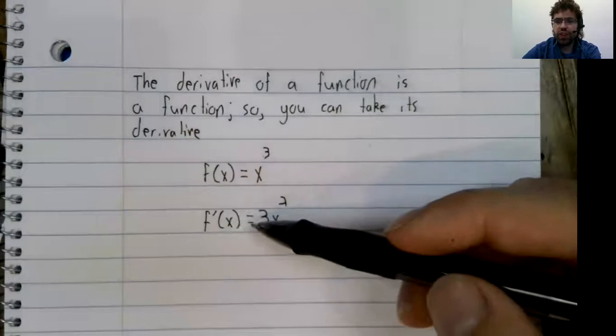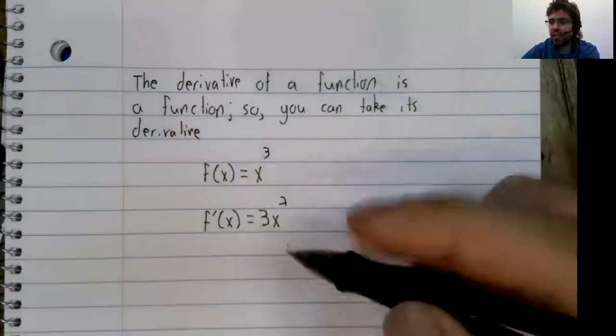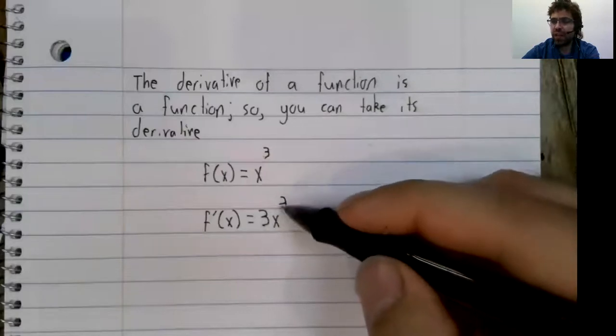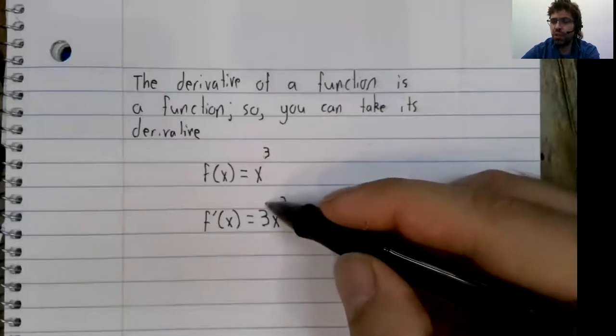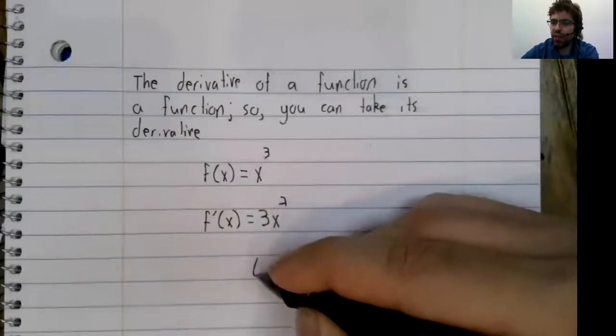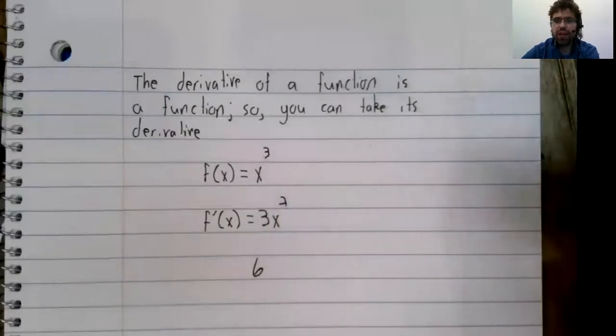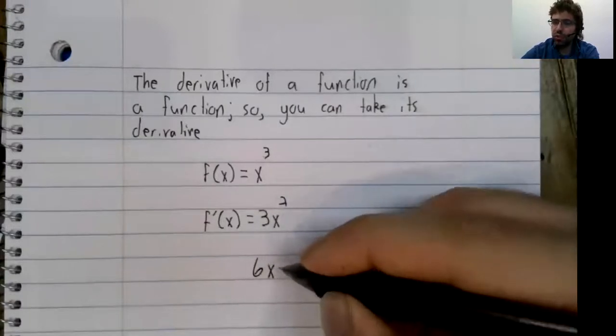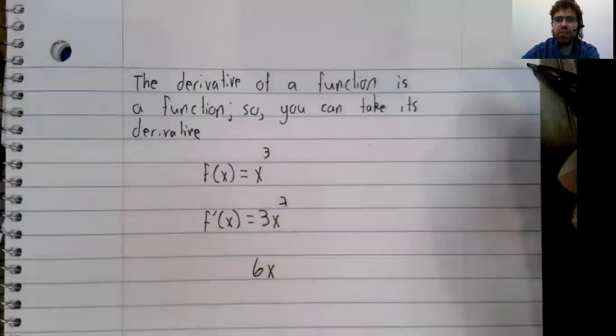And this is a function, and we can take its derivative. The 3 remains there. The 2 comes down and is multiplied by 3. 2 minus 1 is 1.